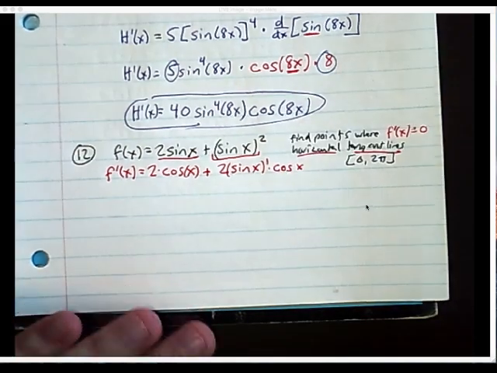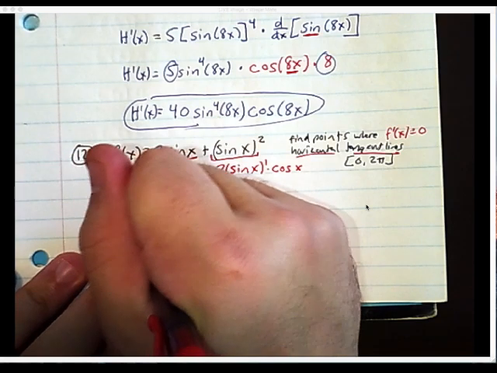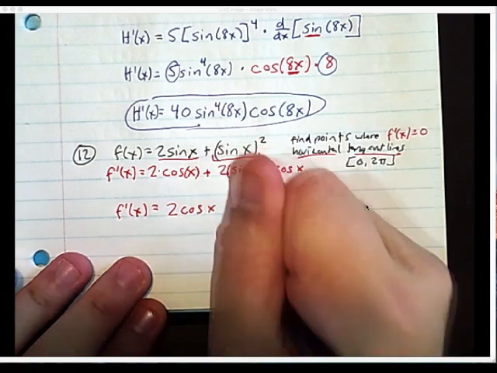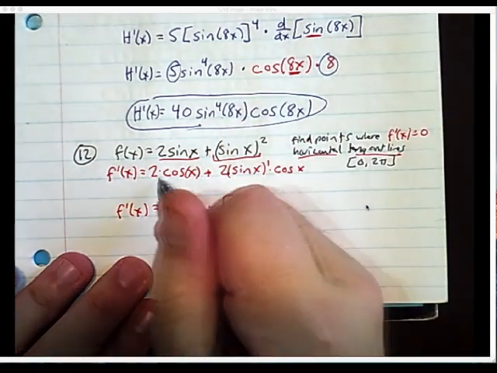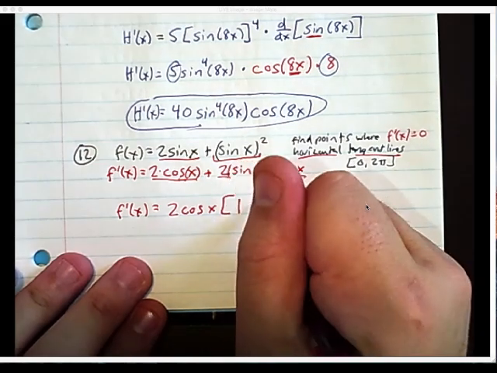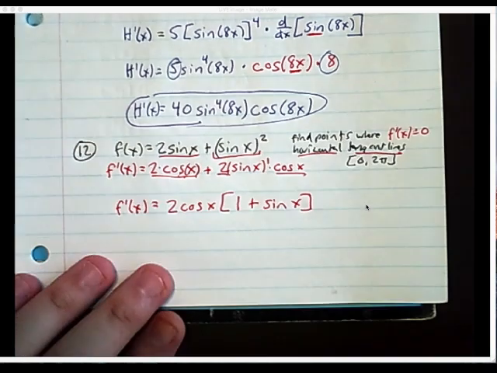Derivative of sine is cosine. So if I want to write this a little bit nicer, I can take out a 2 cosine of x. If we factor that out, we would just get 1 plus sine of x.